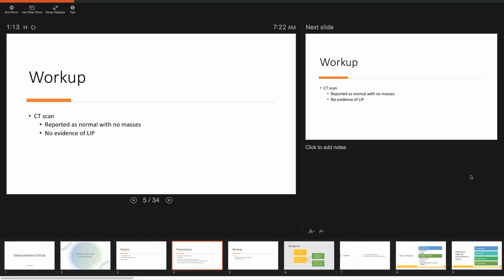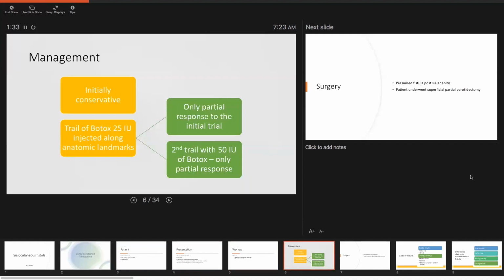So after seeing her in the clinic, we did a contrast CT scan for her, and it was reported as normal with no lesions seen. There's also no evidence of lymphoepithelial cysts. Plan was then made to do initial conservative management for her, and she was given a trial of Botox injection of 25 international units, checked along landmarks in the left parotid.